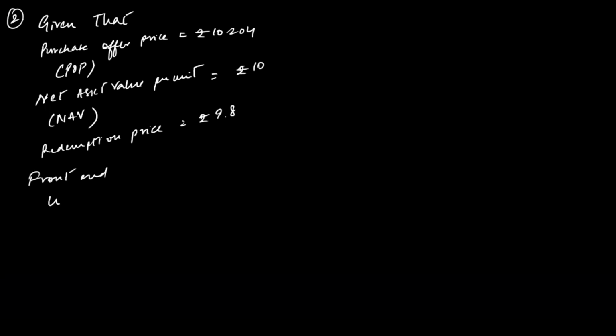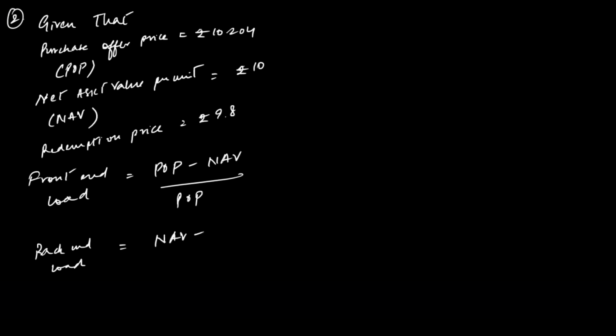Front end load is nothing but 10.204 minus 10, that is POP minus NAV, divided by POP. And back end load is nothing but NAV minus redemption price divided by NAV, because we have seen rupees 10 minus rupees 9.8 divided by 10.